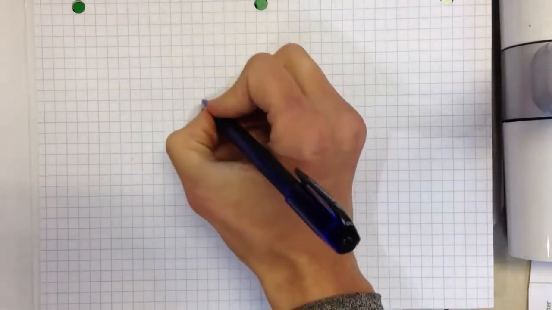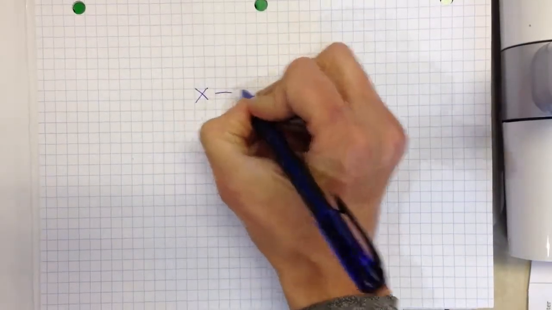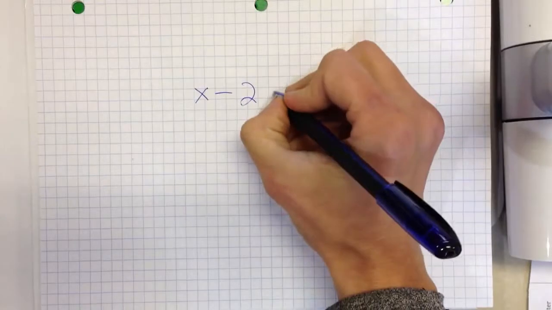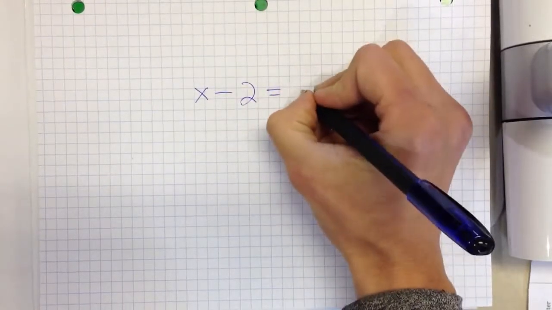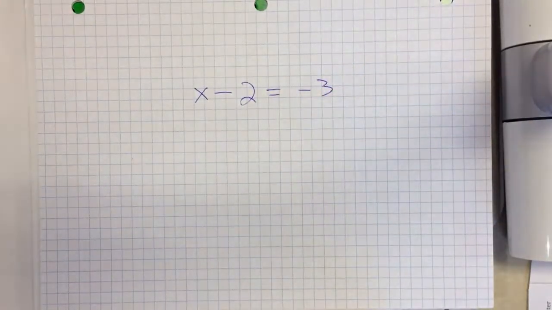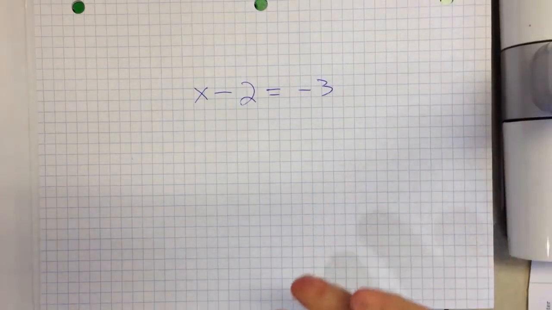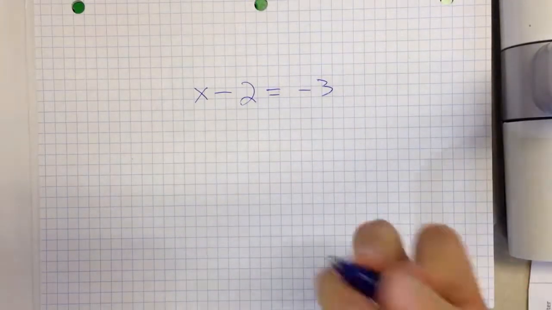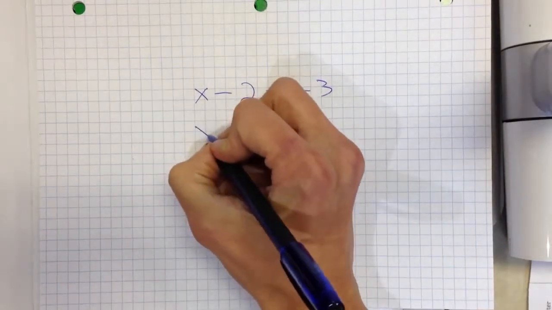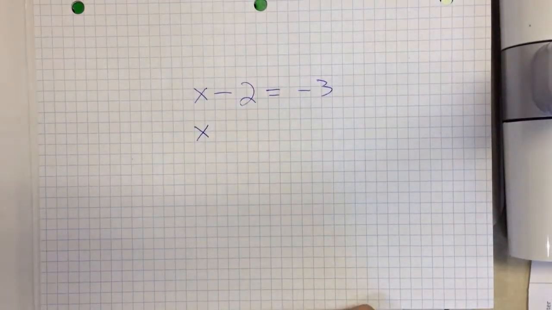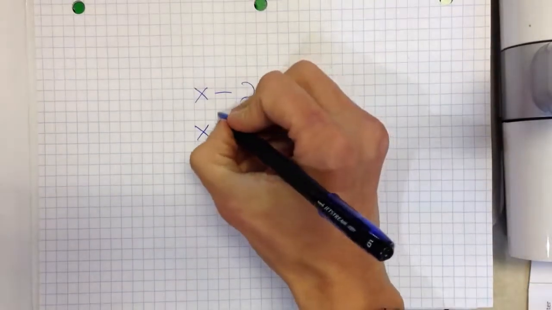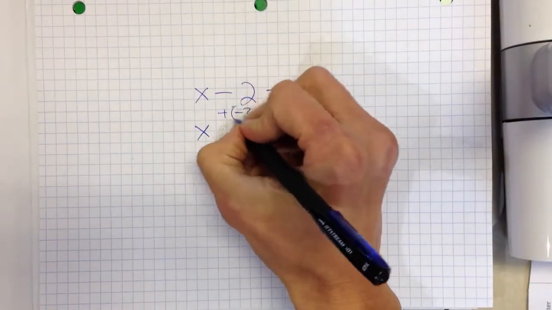Okay, I'm going to do another example with subtraction. Let's say I had x minus 2, and that equals negative 3. So we have a bunch of negative numbers here, and we're going to represent those using a negative symbol. If I have an x, that stays there. I'm subtracting 2, and I can think of that just like I'm adding negative 2.